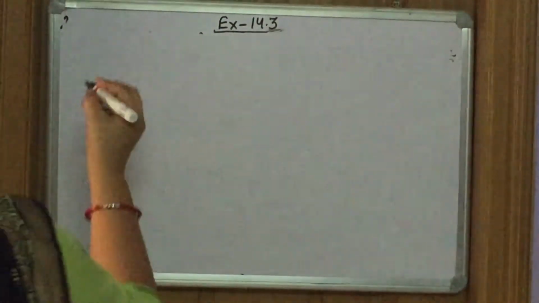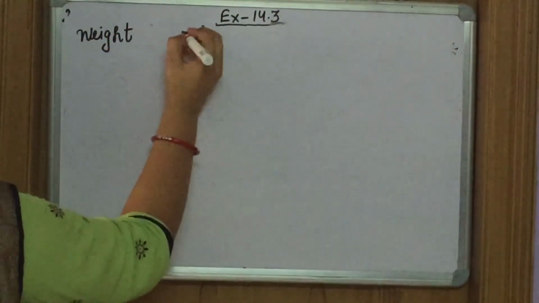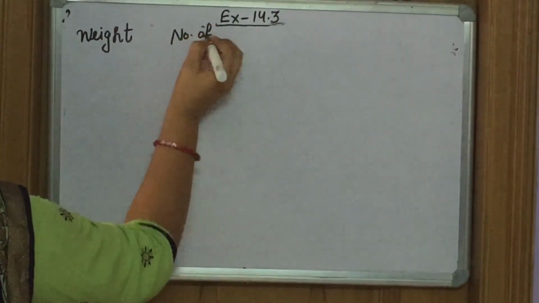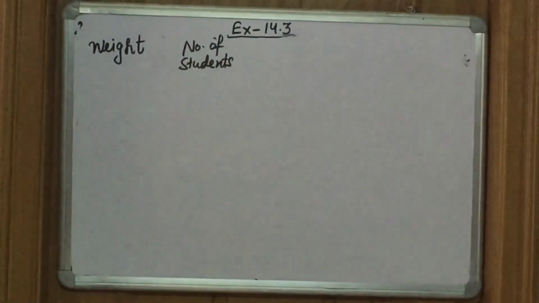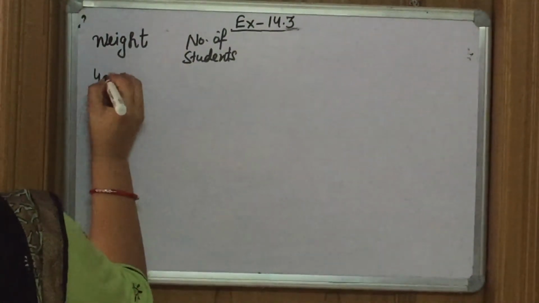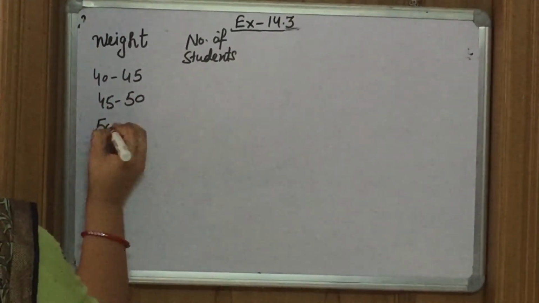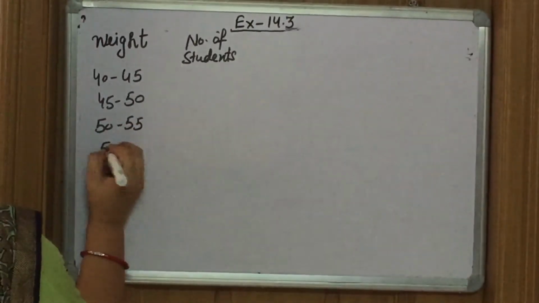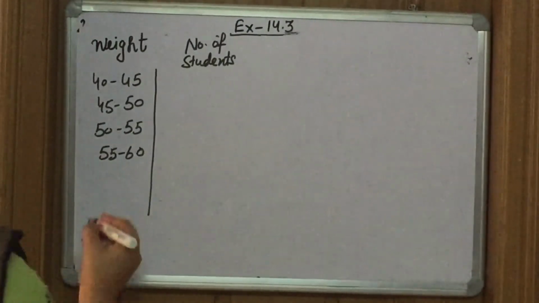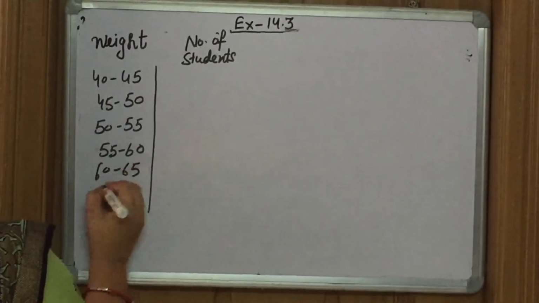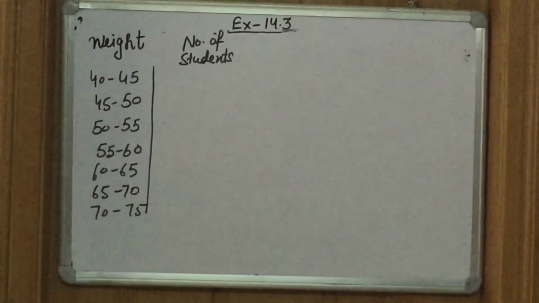The statement is that the weight of some students is given: 40 to 45, 45 to 50, 50 to 55, 55 to 60, 60 to 65, then up to 70, then up to 75.